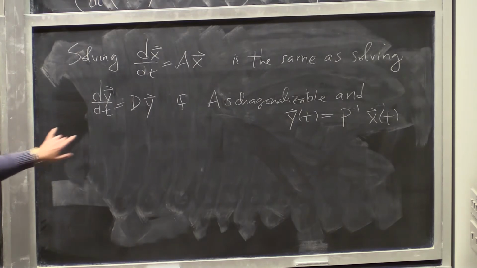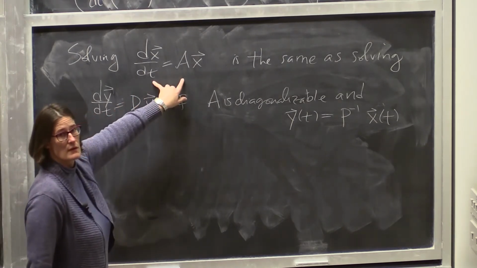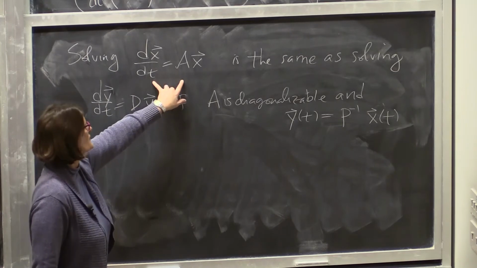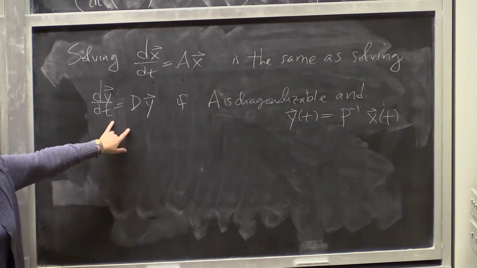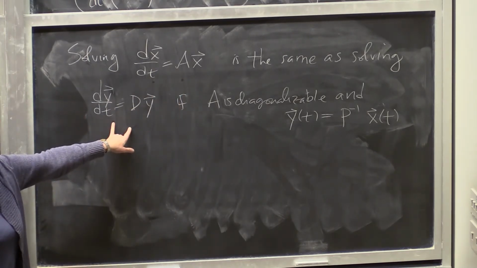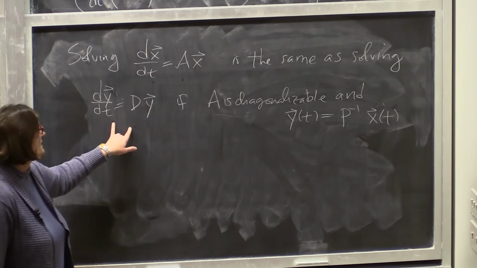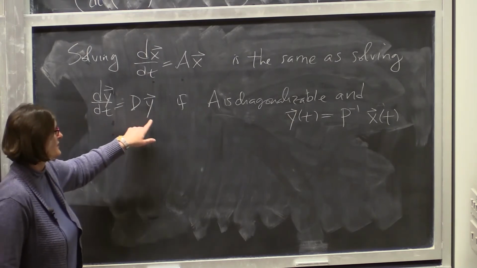So we have a problem that we don't know how to solve, and we've reduced it to a problem that we do know how to solve. Because we do know how to solve dy/dt equals a diagonal matrix times y.